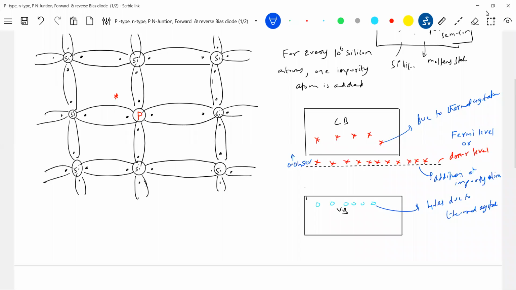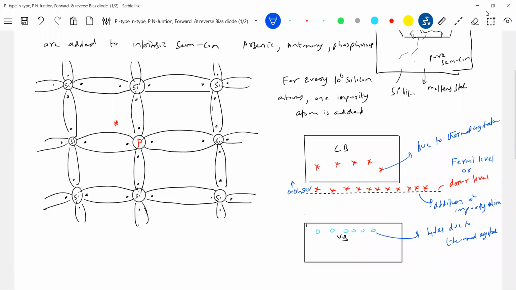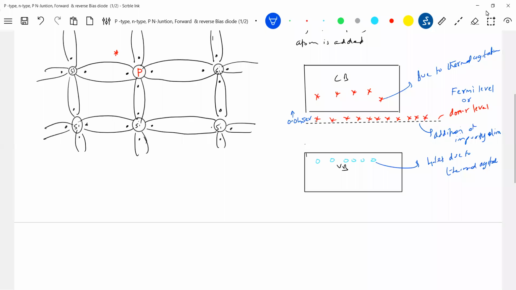For an n-type semiconductor, the Fermi level is just below the conduction band. Now, how to show that? This is the structure. Every time I don't bother with silicon. This phosphorus, shall I say, is a donor ion, because it has given one electron. So how do we show the semiconductor material?